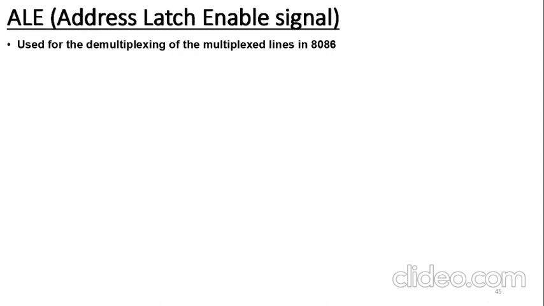So a total of 21 lines are multiplexed here. This multiplexing has been carried out to group two functions together on the same lines in a time multiplexed manner, so that the number of pins in the design of that processor is reduced by a significant number.